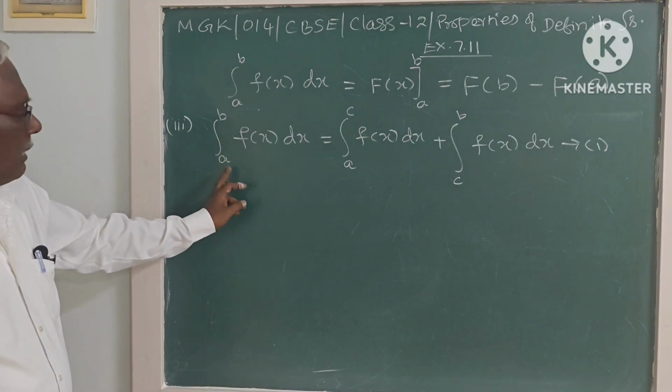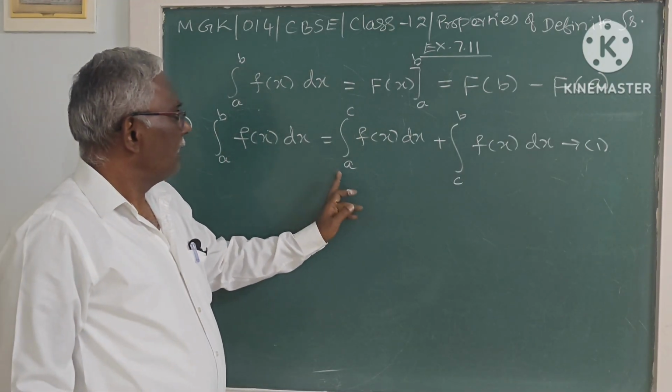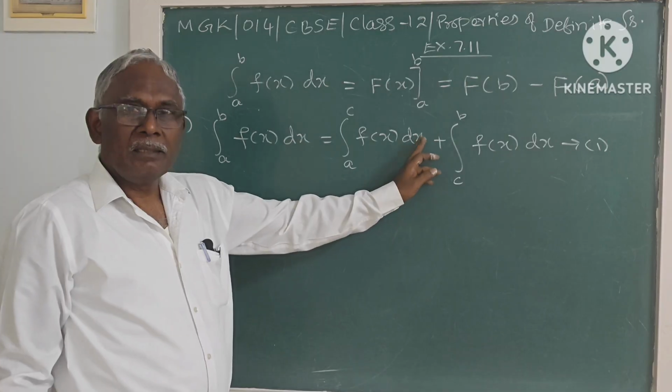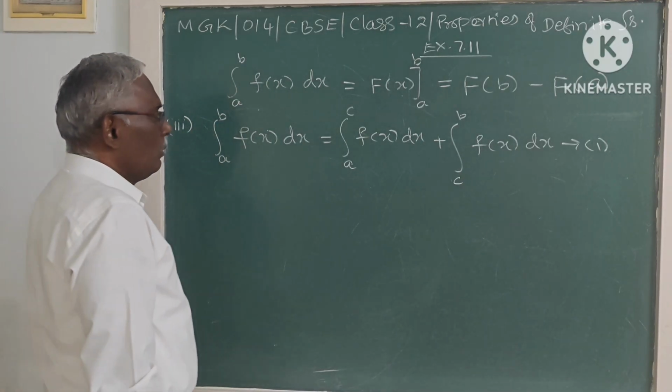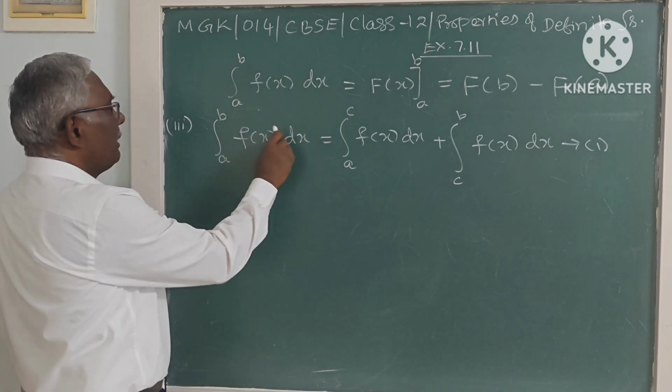So we can write integral a to b f of x dx like that, as integral a to c f of x dx plus integral c to b f of x dx.